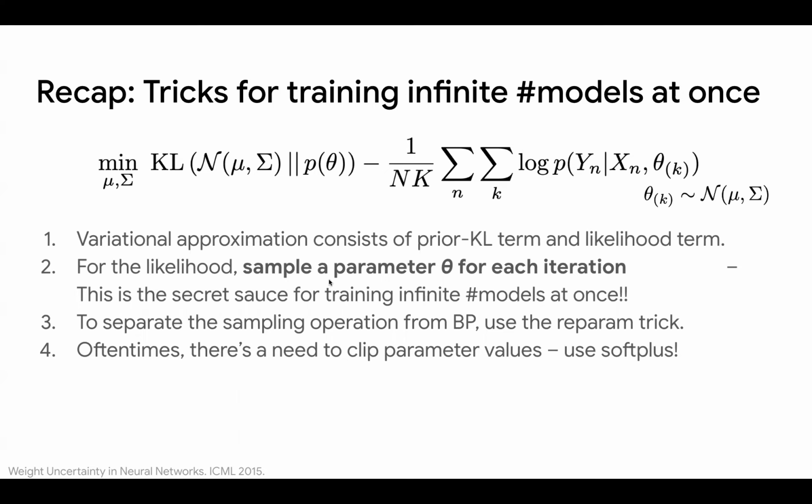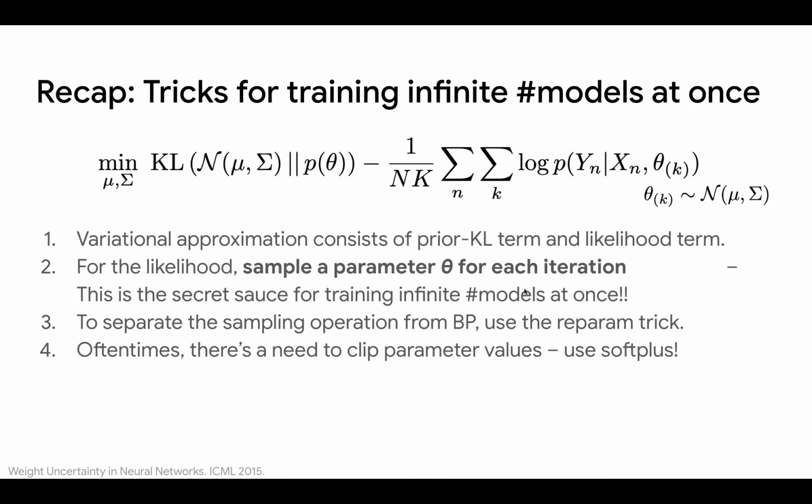And as for the likelihood, this second term here, what you're doing is you're sampling this parameter from these infinite possibilities of models at every iteration, and making sure that your gradient flows through this parameter all the way down to the actual parameters of the posterior distribution.